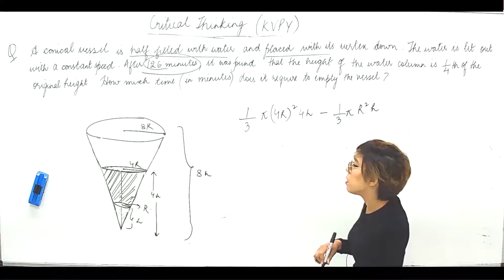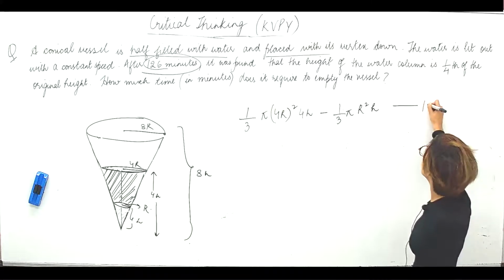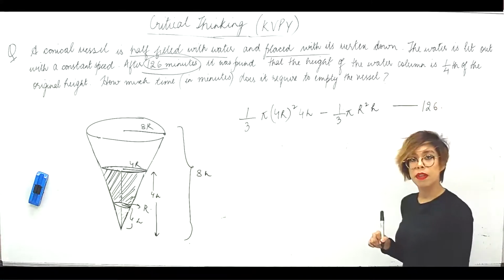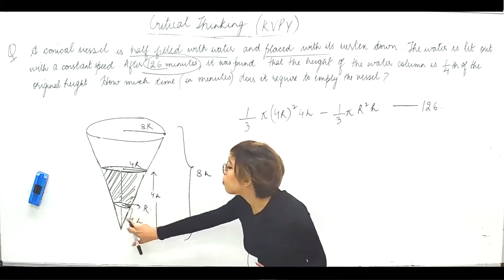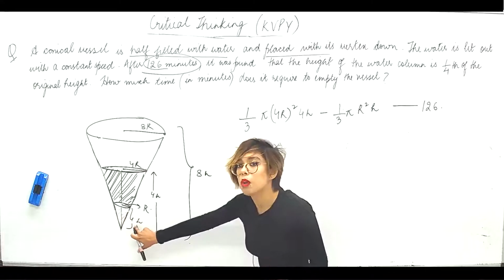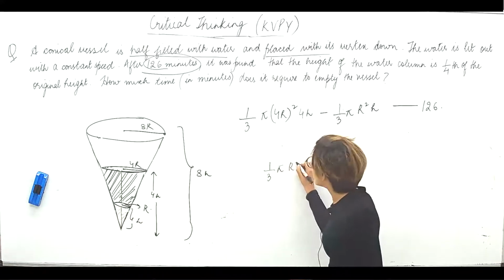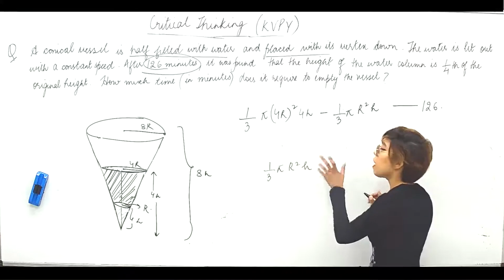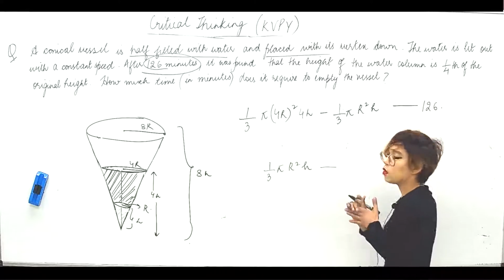Now, this much volume of water has been let out in 126 minutes. You need to find out how much remaining water there is. Remaining water is this much, that means the volume is 1 by 3 pi capital R square H. How much time will it take to empty out this much amount of water? That I need to find out.